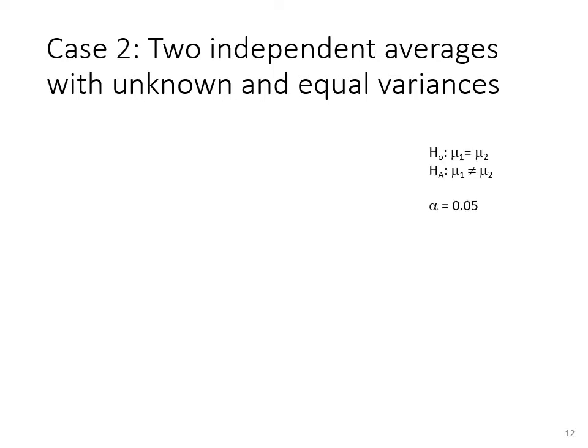As before, we'll have the same null and alternative hypotheses. The null hypothesis is that the averages are equal. The alternative hypothesis is that the averages of these two are not equal. And again, we'll use the 95% confidence interval or an alpha value of 0.05.